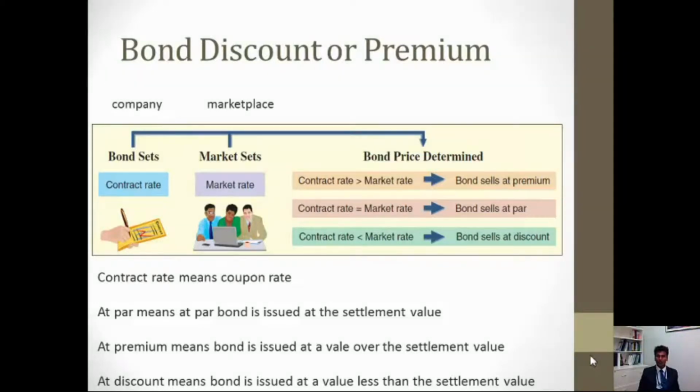If the bond interest rate is the same as the market interest rate, then the issue value of the bond will be equal to the settlement value. If the bond interest rate is below the market interest rate, then the issue value of the bond will be less than the settlement value because investors will not react favorably to a lower interest rate issued by the company on the bond.